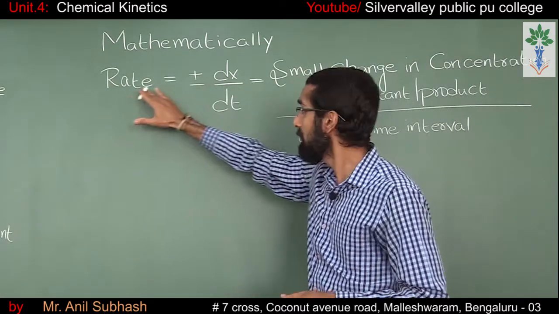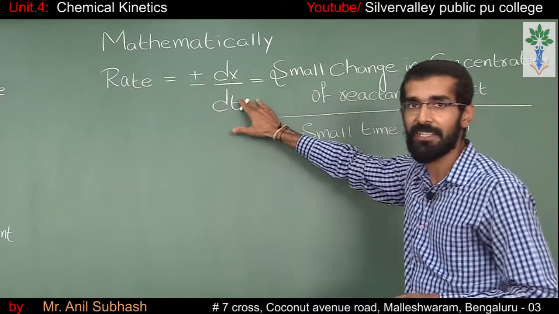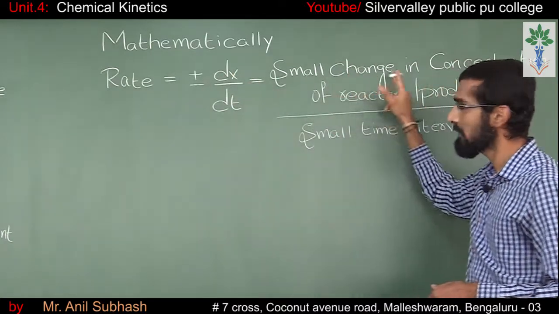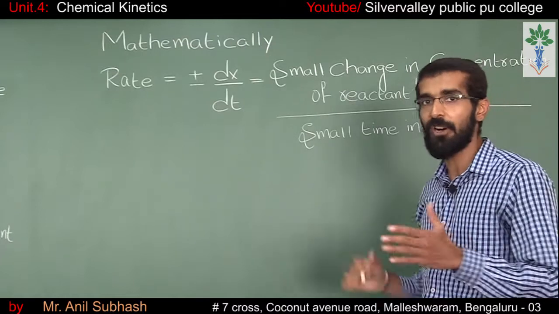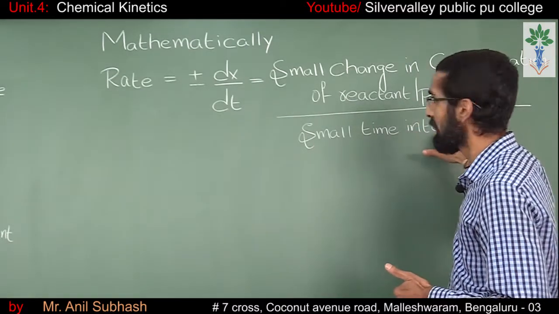So, rate is given by plus or minus dx by dt, where dx is a small change in the concentration of reactants or products and dt is a small interval of time.